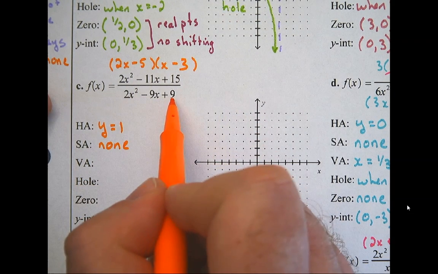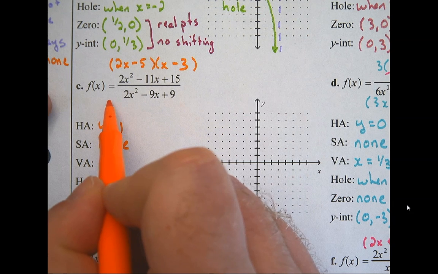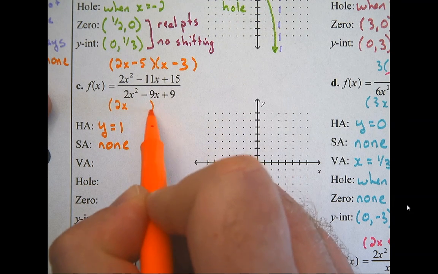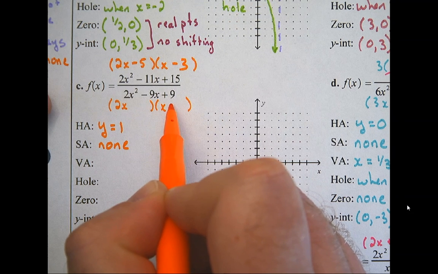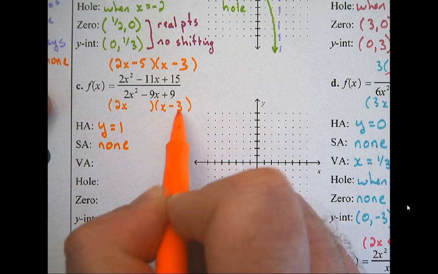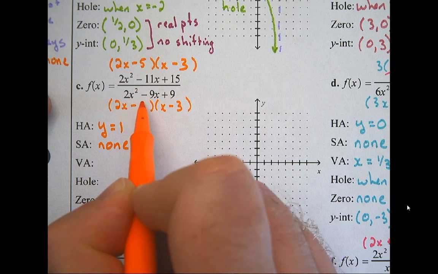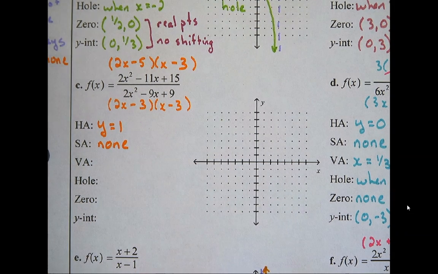Okay, 2, 18, that makes 9, is 6 and 3. That's 2x and x. I need to make a 6, so that would be minus 6 and a minus 3. Do we have anything that cancels? Yes, we do. X minus 3 is gone.